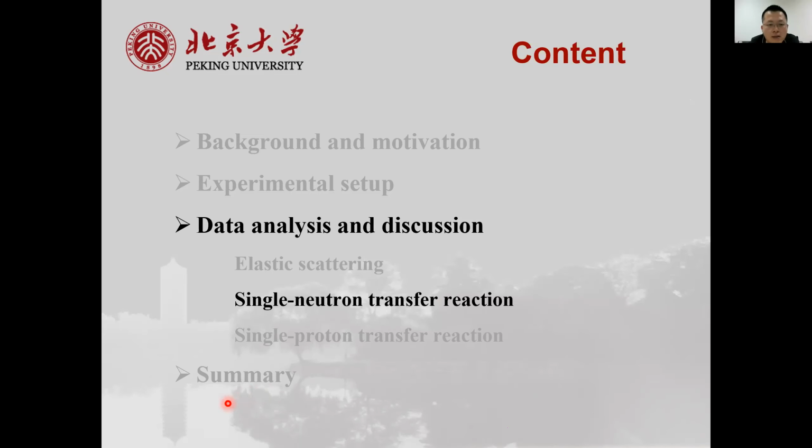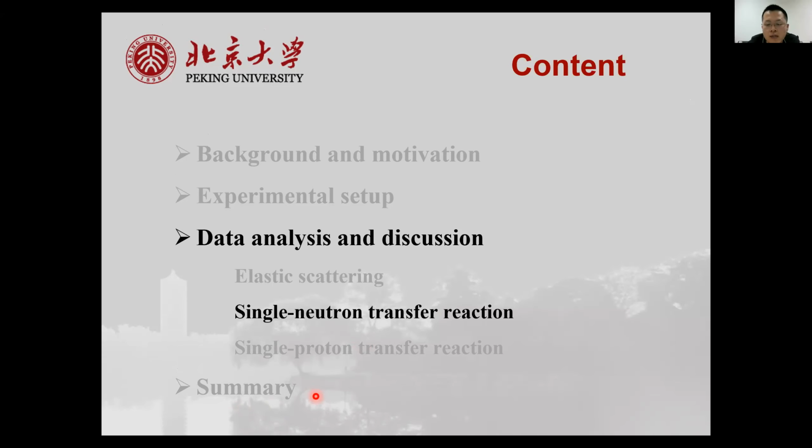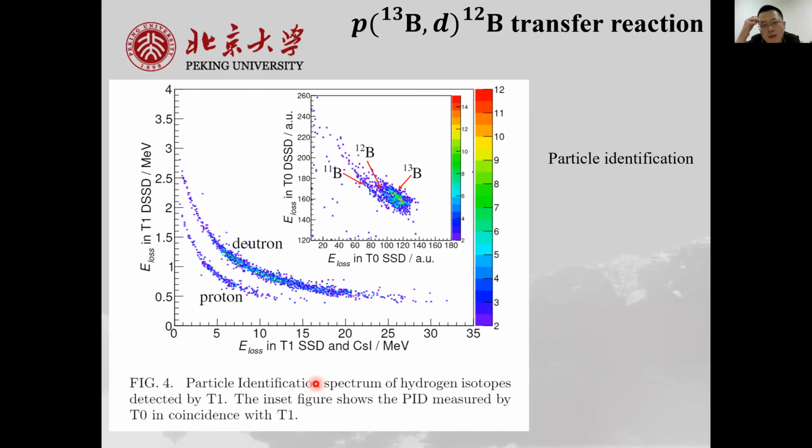Okay, the next is about the single neutron transfer reaction data. This is the (p,d) transfer reaction. We analyze the reaction products of deuteron.